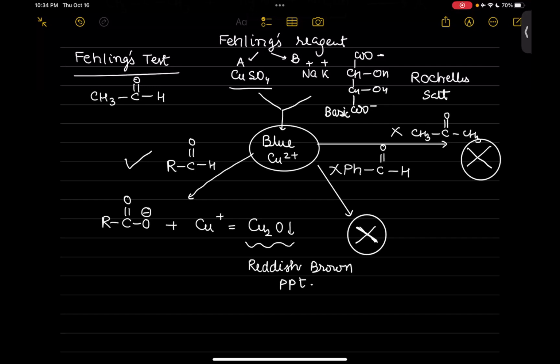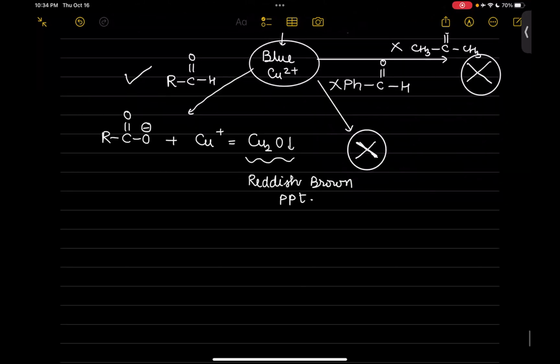Next is Schiff's test. There is Schiff base. Schiff base is formed when you react an aldehyde or ketone with NH2R.